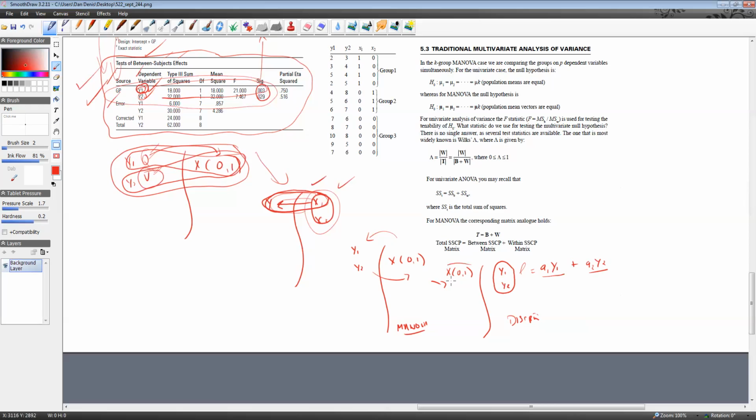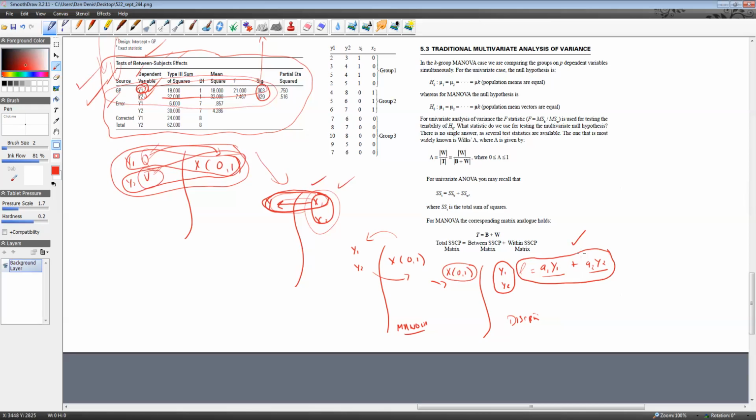Here's my binary variable. So what the discriminant analysis is doing is determining an optimal linear combination of y1 and y2 that separates these two groups. Okay, so I repeat that. This is going to be an optimal linear combination. Now, what do I mean by optimal?